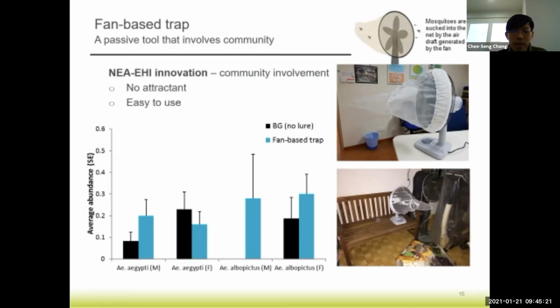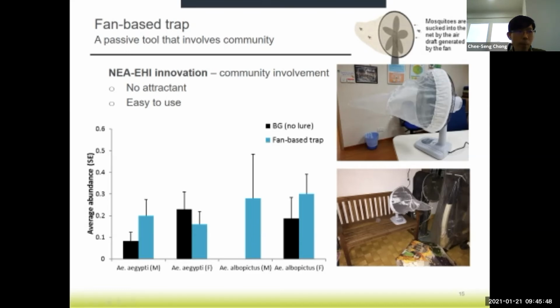It is a very interesting project where you can involve the community to be part of a surveillance plan itself. As you can see in the image here, you just need to attach a fan with very fine mesh right in front of the fan, and it will passively capture any insects that are very close within the homes or close to the trap itself.